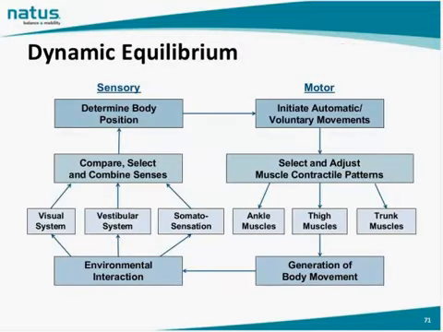So what we've done now is we've taken this dynamic model, we've taken it apart into two halves, the sensory and the motor half. We've looked on the sensory side at how we can assess and examine all of the sensory systems feeding into the central nervous system.